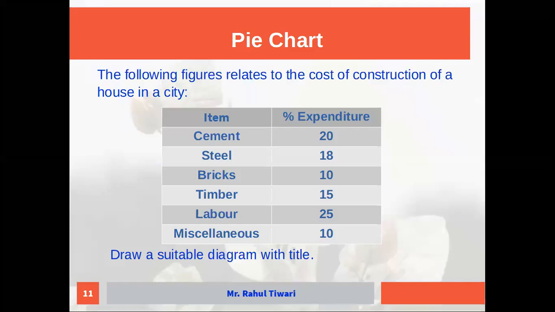So if we have this data, what can we do? If we have simple data, what can we do? If we have, you can say, interrelated data, then what can we do? If the data is interrelated, then you can use a pie chart. If you have two interrelated variables, you can draw a scatter plot. Maybe you have studied multiple and simple linear regression.